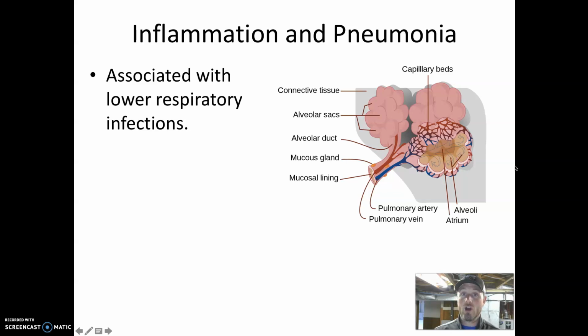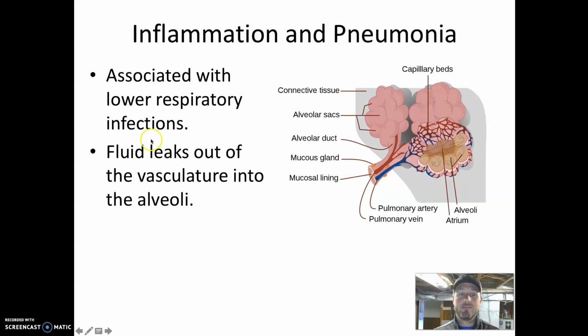Remember, tissue damage always results in inflammation. Inflammation always includes increased vascular permeability leading to swelling. But again, this alveolus is an empty sac. The fluid is going to leak out of that vasculature into the alveolus, filling it with fluid. In the lungs there's nowhere to trap the fluid in the tissue. Instead, that fluid accumulates in these air spaces. Our lungs fill with fluid, and that is by definition pneumonia.